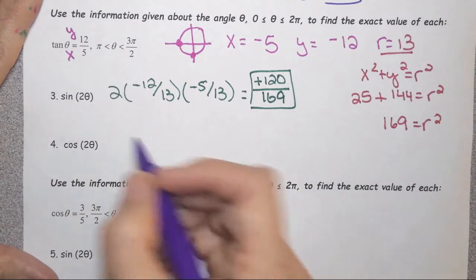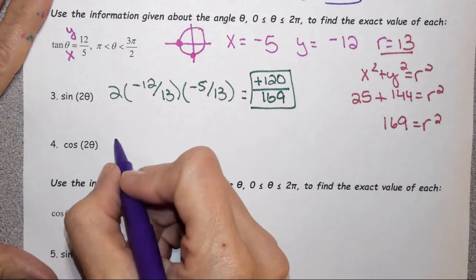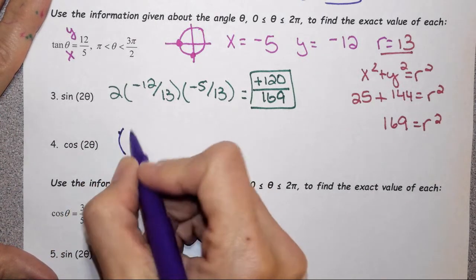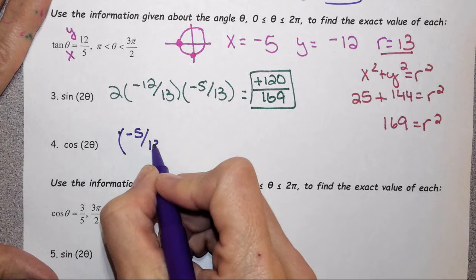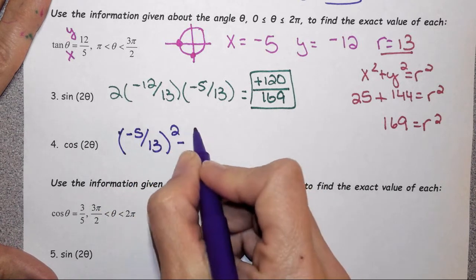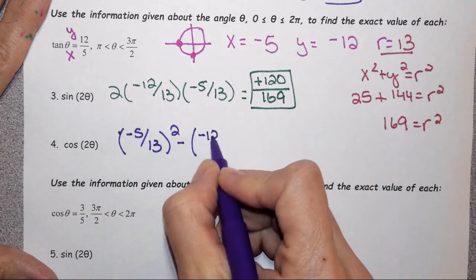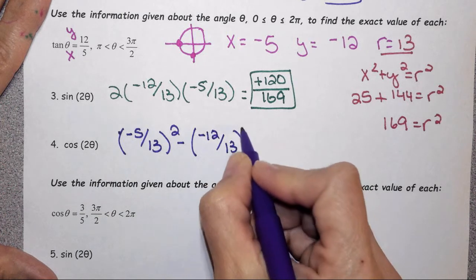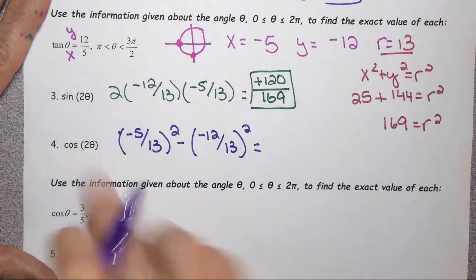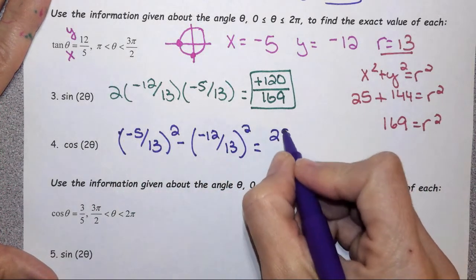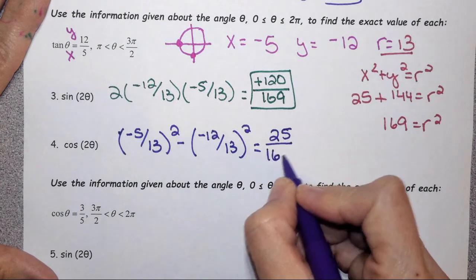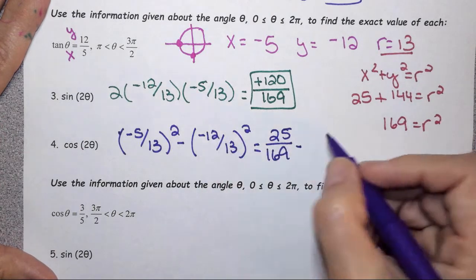We're going to do my cosine double angle. So I'm going to have cosine squared, so negative 5 over 13 squared, minus sine squared, negative 12 over 13 squared. Negative 5 squared is 25 over 13 squared is 169.